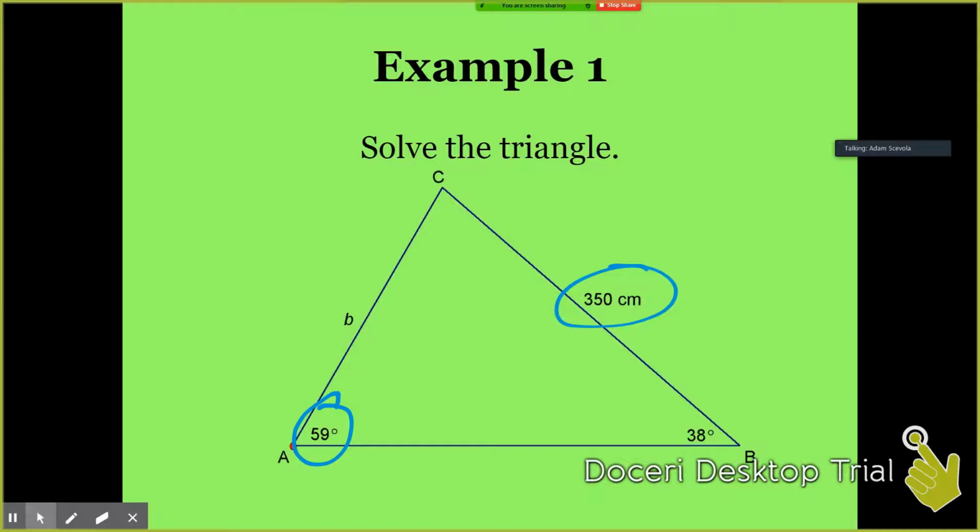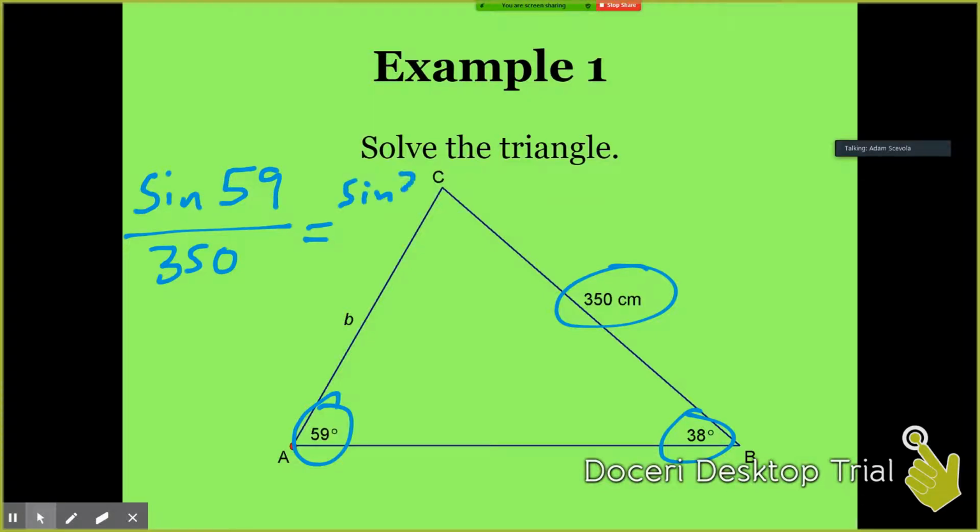Then I could set up the sine of 59 degrees over 350 and set it equal to the sine of any other angle, as long as I'm given that angle, divided by the side across from it.